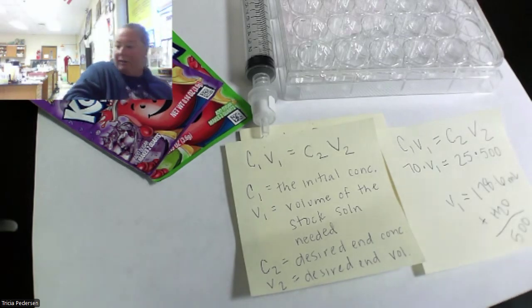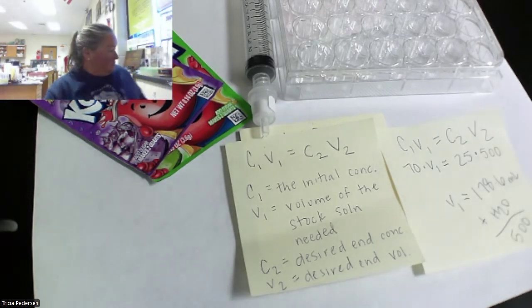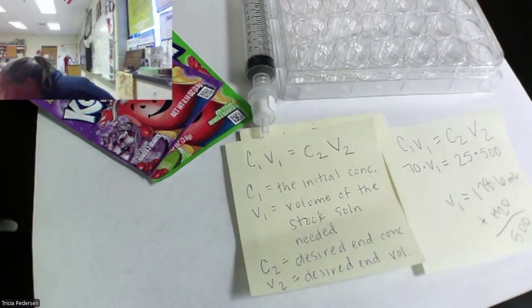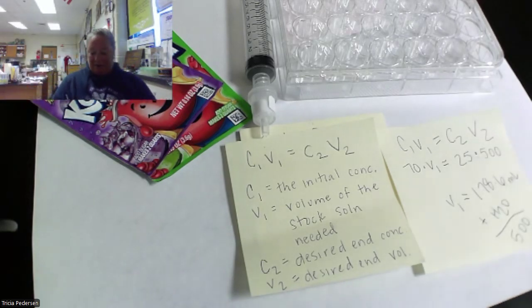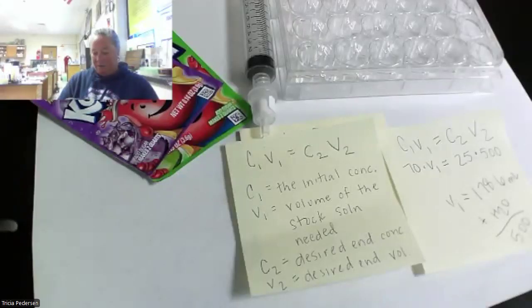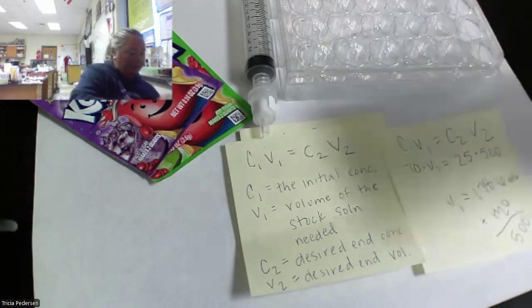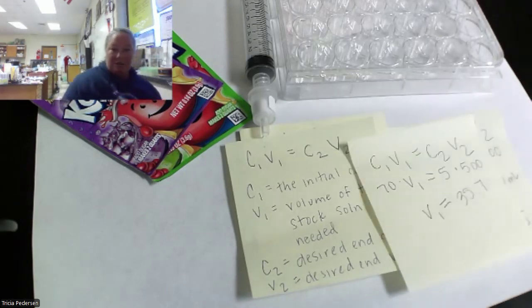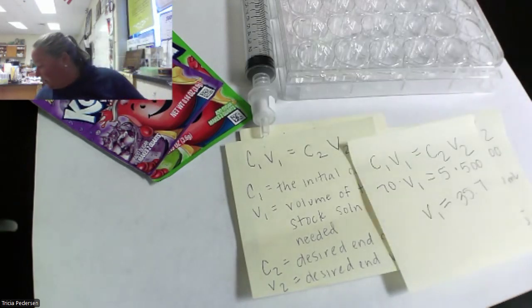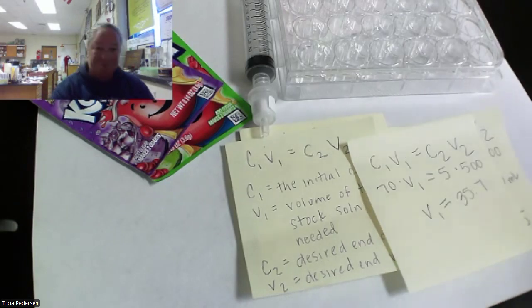So V1 should equal, or my calculator went. Did anyone calculate that yet? 35.7 mLs, or I guess 36. 5 times 500 divided by 70. Yeah, 35.7 milliliters. So that should be what you guys should have calculated.